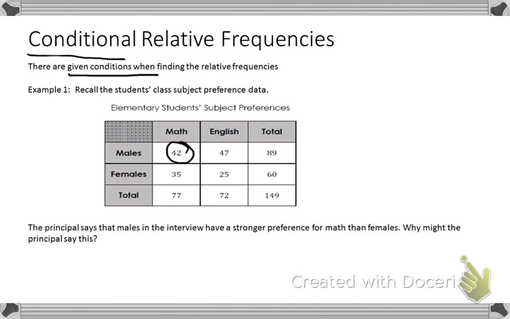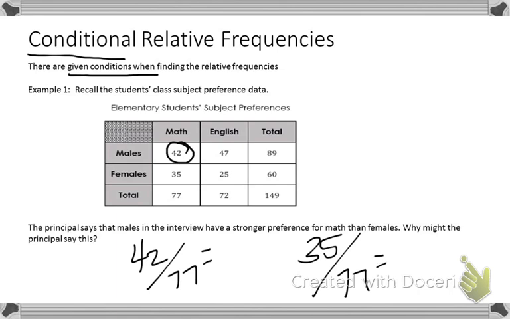Because 42 out of the 77 males like math, whereas 35 out of the 77 females like math. So 42 out of 77 is 0.55. And 35 out of the 77 is 0.45.